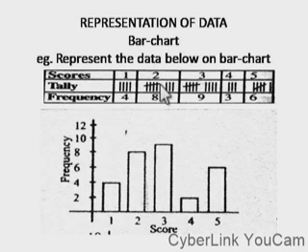If they give you such a question, all you need to do is to draw a graph of both of them. Then you draw a vertical line here. The vertical line represents your frequency, while the horizontal line represents the score, or that particular item mentioned. So we now begin to number this.